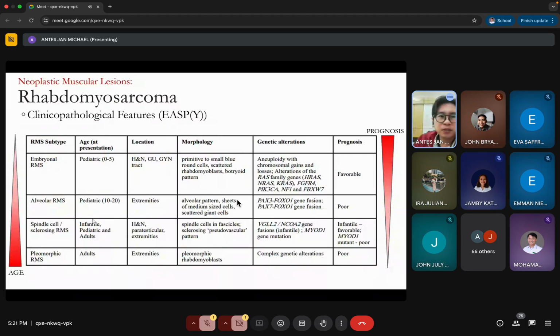So it's more favorable for embryonal, but however, adults with rhabdomyosarcoma, especially the pleomorphic, the prognosis is poor. So just to make it easier for you to memorize all of the subtypes and its corresponding age and prognosis, just remember this mnemonics right here in this table.